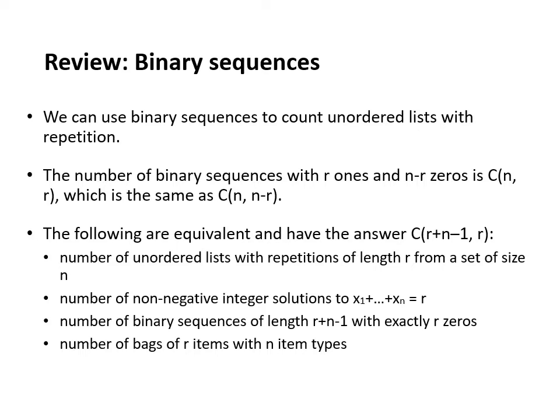And then we also showed that the following are equivalent and have the same answer, C(r plus n minus 1, r): the number of unordered lists with repetitions of length r from a set of size n, the number of non-negative integer solutions to this equation, the number of binary sequences of length r plus n minus 1 with exactly r zeros, and the number of bags of r items with n item types. We leveraged these equivalences in part 1 to calculate solutions to a couple of example problems.